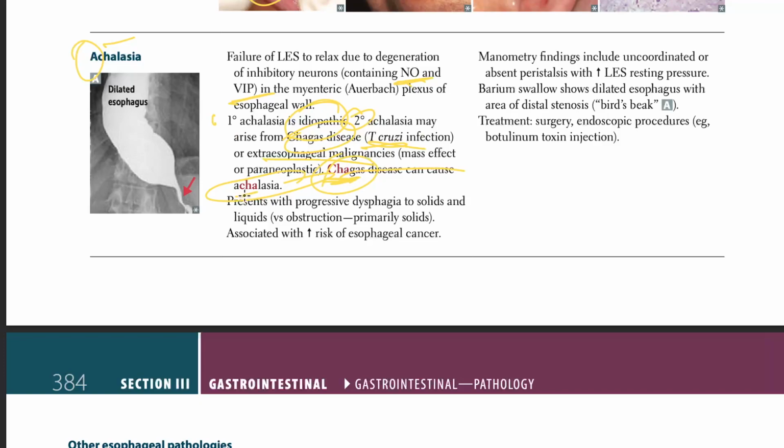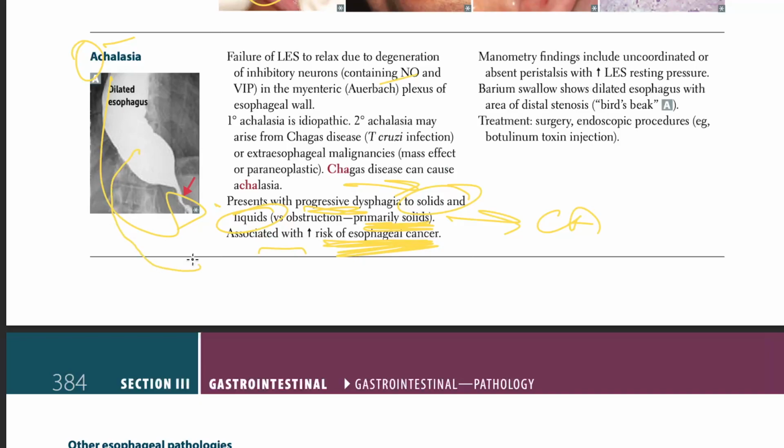Achalasia presents with progressive dysphagia to solids and liquids, versus obstruction, like carcinoma, which gives primarily solids first. Here you have solids and liquids at the same time. It is associated with an increase in esophageal cancer. Why? Because all this food is causing irritation, and that irritation is eventually going to cause cancer.